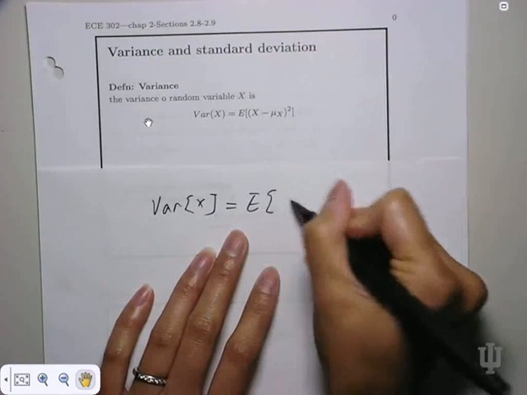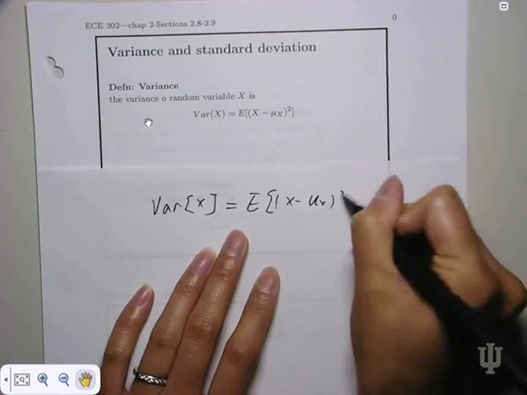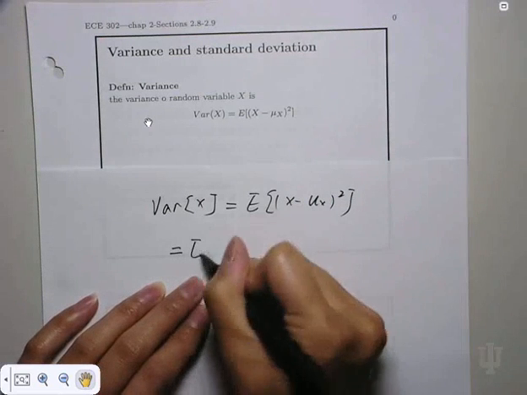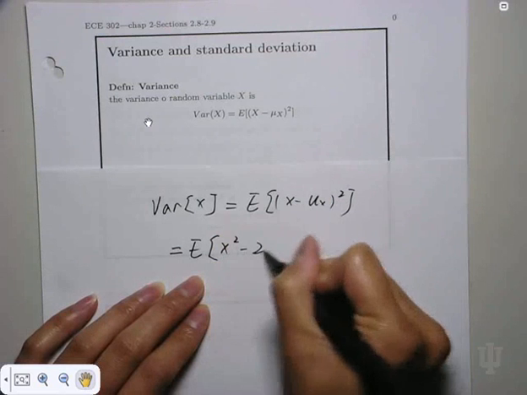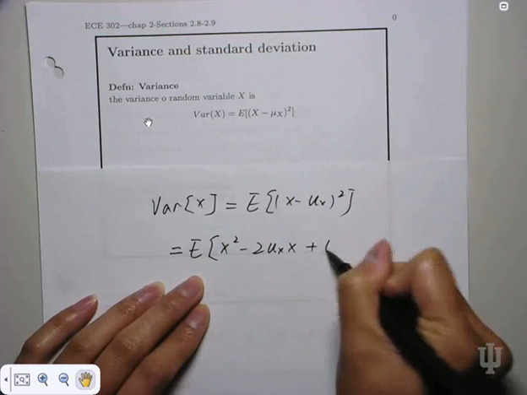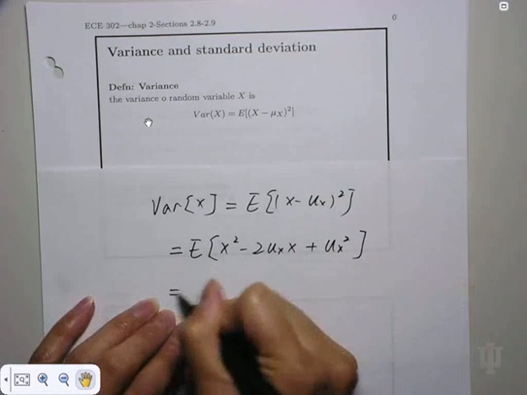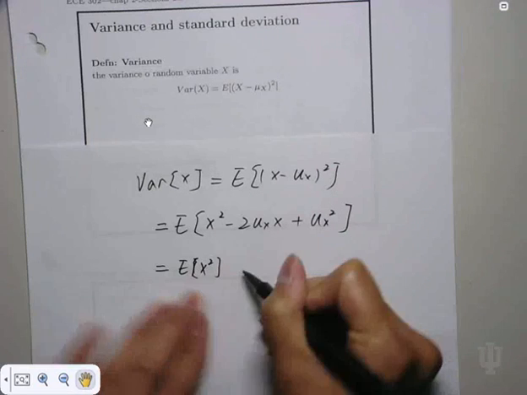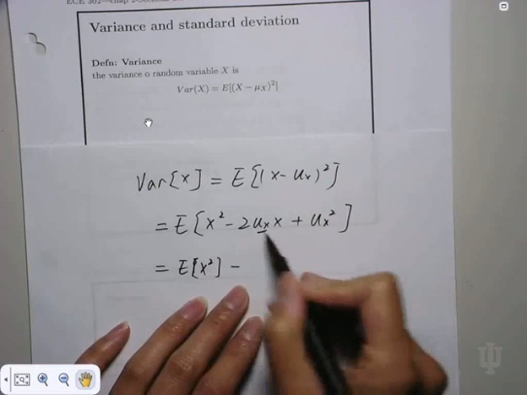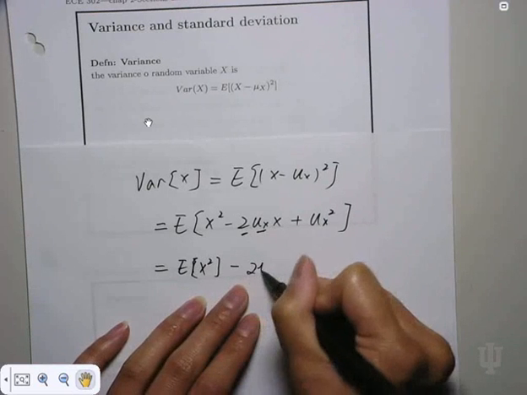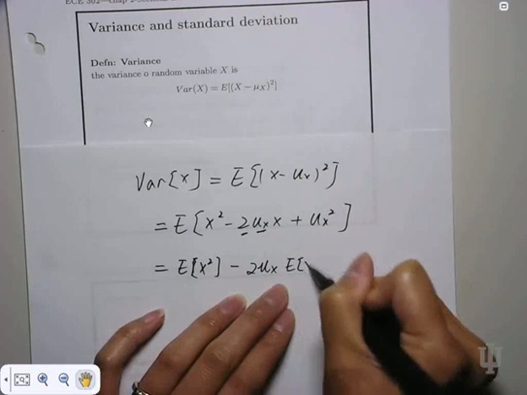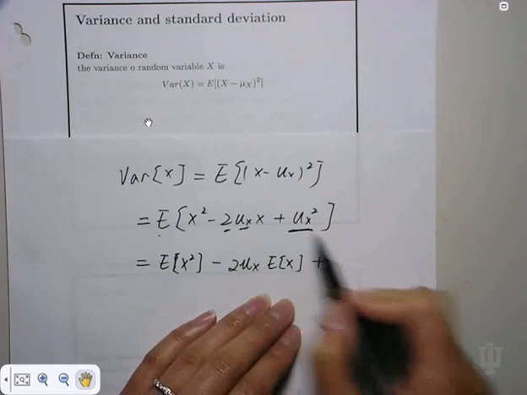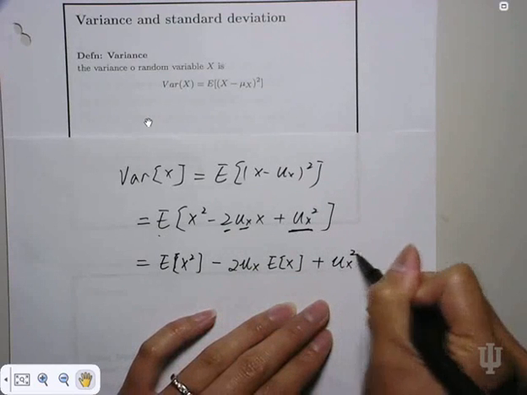If I write this out, the expected value of the scalar is still the same, right?